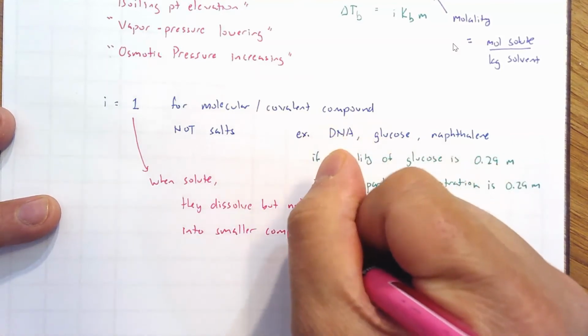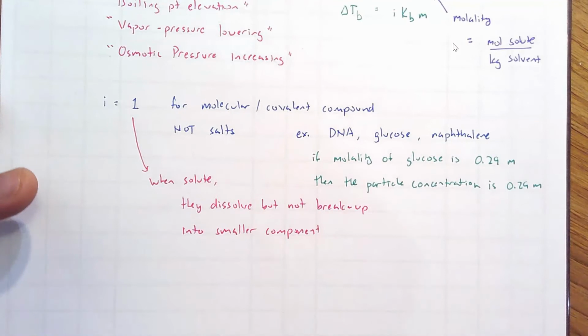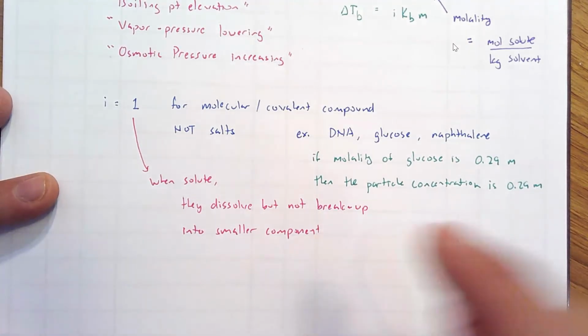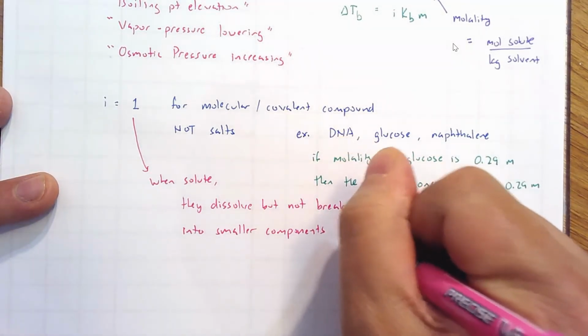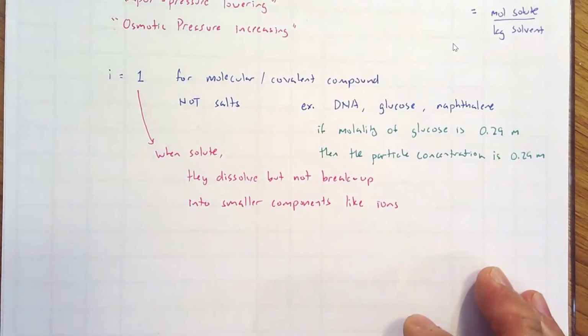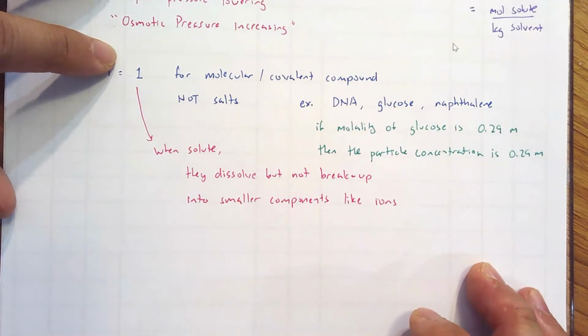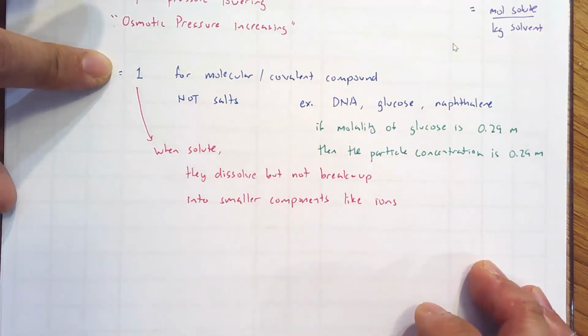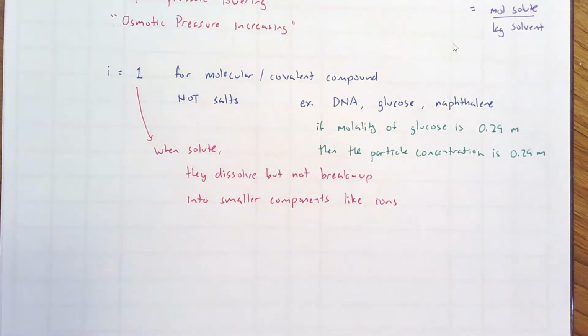I'm so sorry, I feel like I'm making this more complicated than it needs to be. Let me give an example where the van 't Hoff factor is not 1. Maybe that's the better way to go.